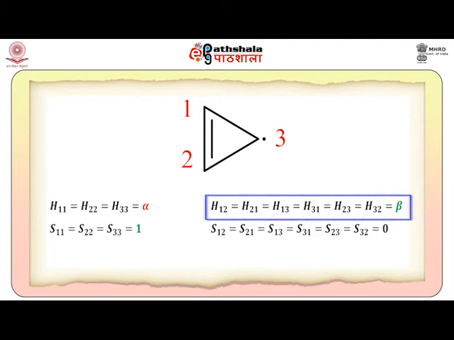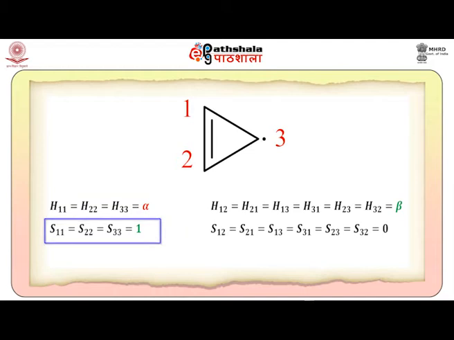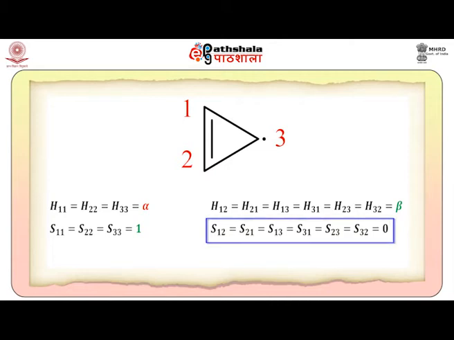They are like neighbors, so the corresponding value of each one of them individually is equal to beta. And as we have already discussed, the overlap integrals S11, S22, S33 will be equal to 1, whereas S12, S21, S13, S31, S23 and S32 would all individually be equal to 0.